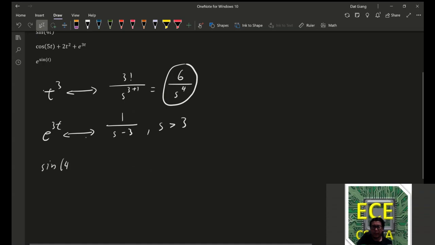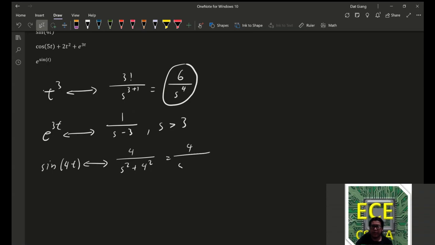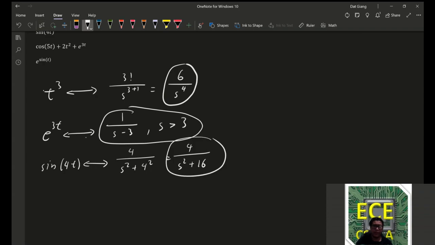Sine of 4t. The Laplace transform of this is 4 divided by s squared plus 4 squared, or when simplified, 4 divided by s squared plus 16. So that's okay. Let me circle this.